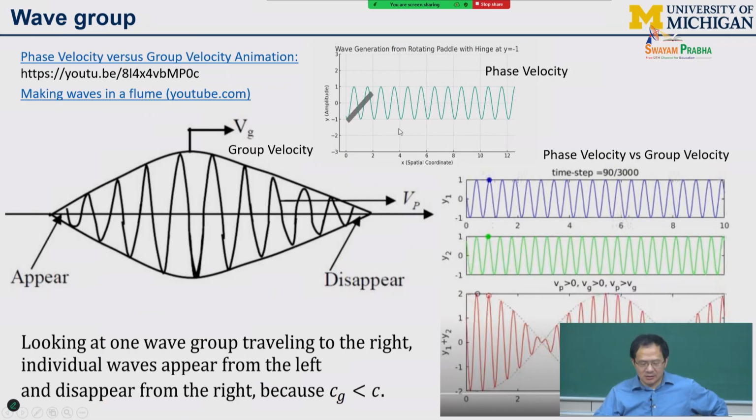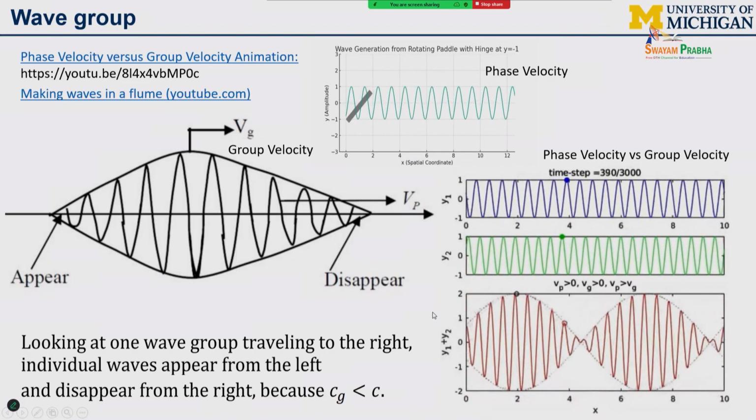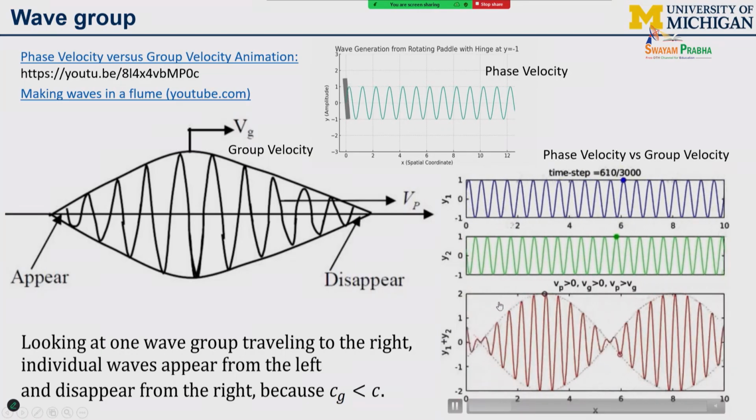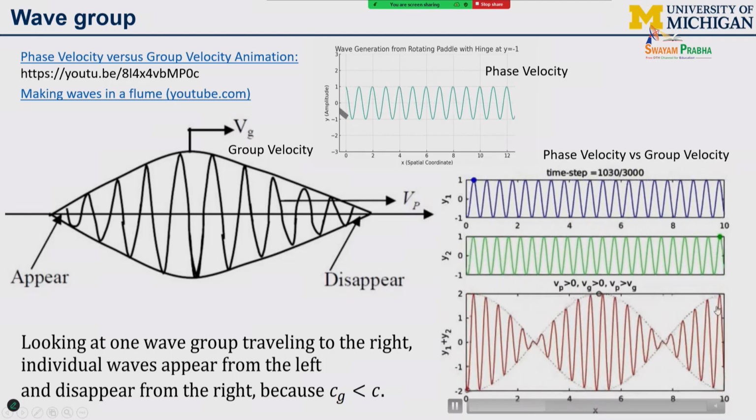So this is, I say, phase velocity, right? Now you have two waves, and the wave number and the wave amplitude change slightly. You can see what the combined wave looks like. The combined wave has an envelope that is moving, right?